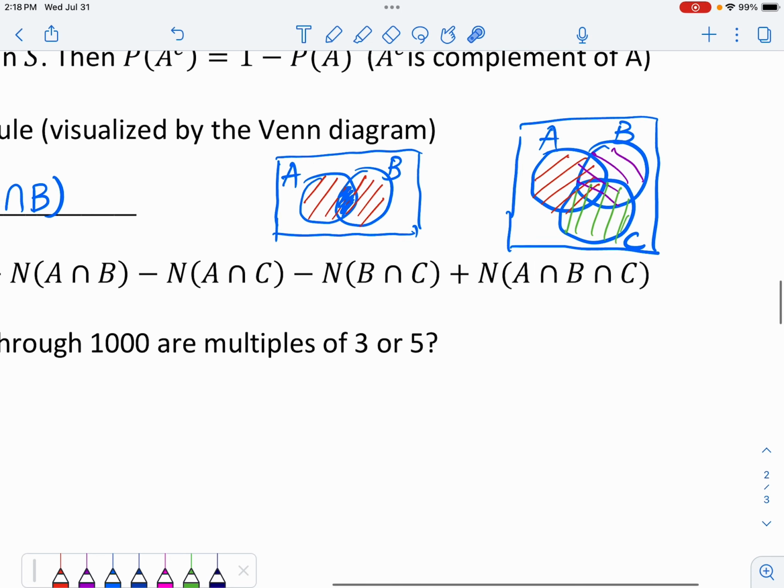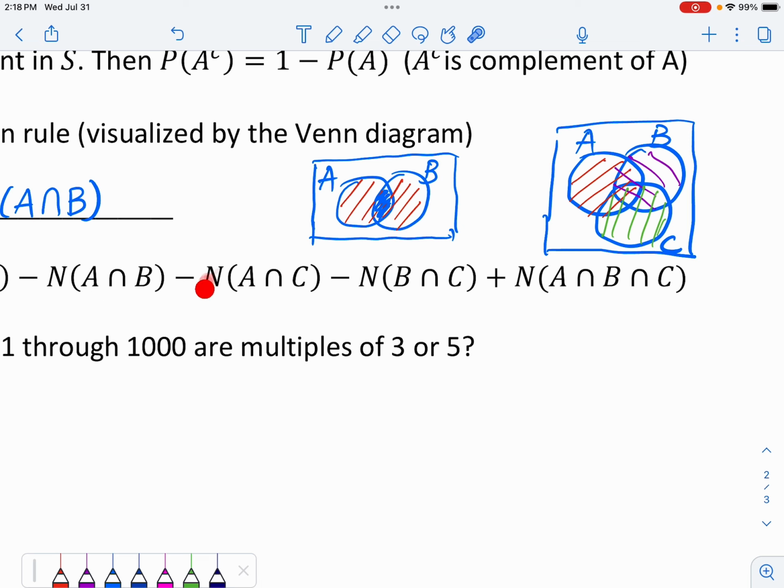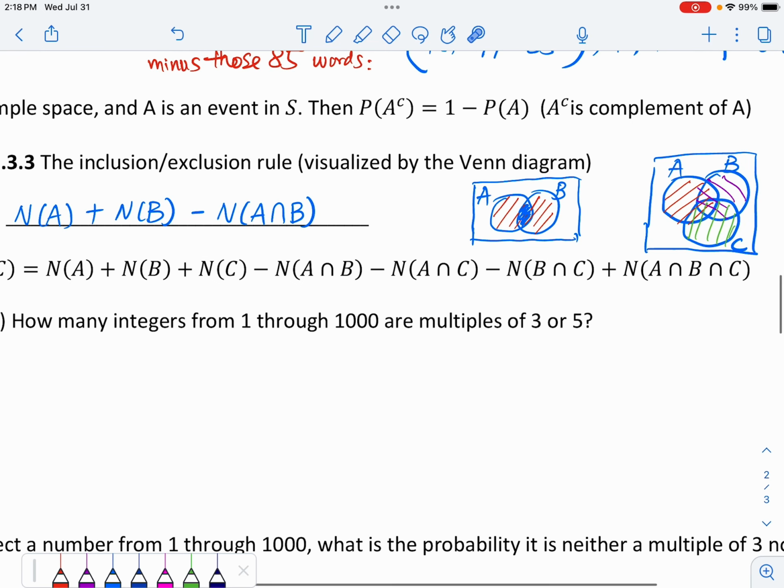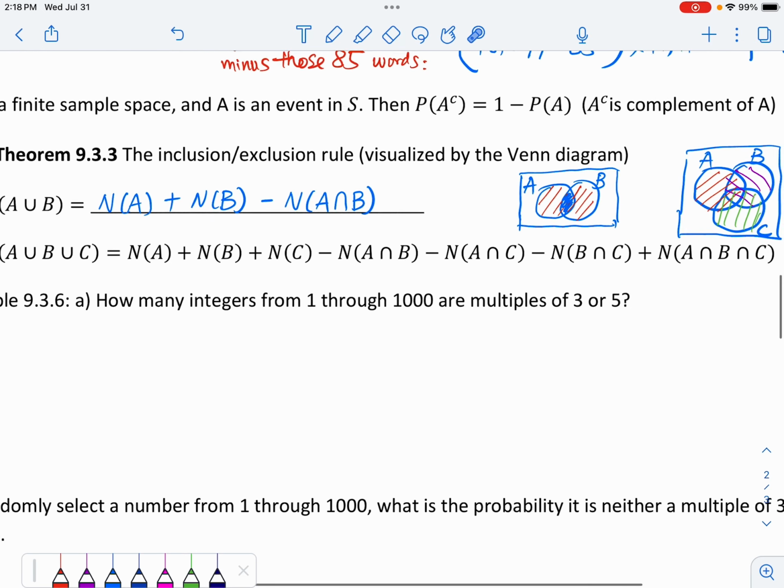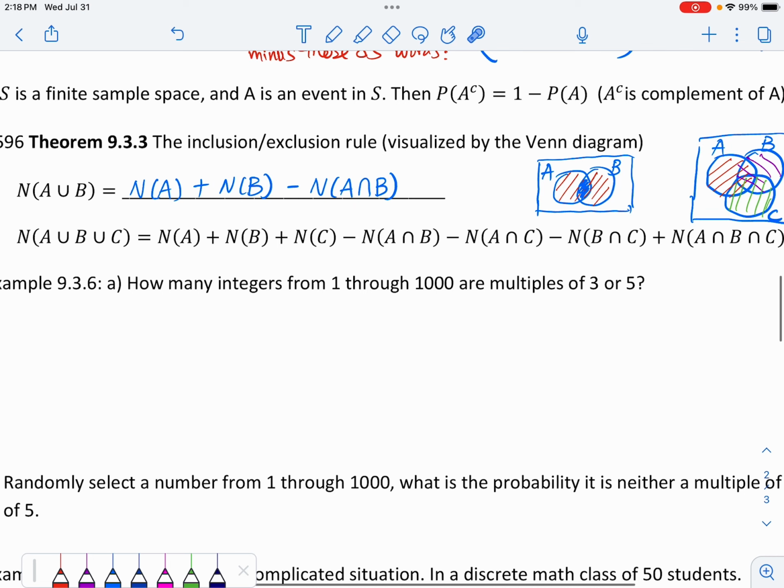So you have to subtract each one of those and then add this back. That's not a rigorous proof. Again, we just want to visualize what's happening.